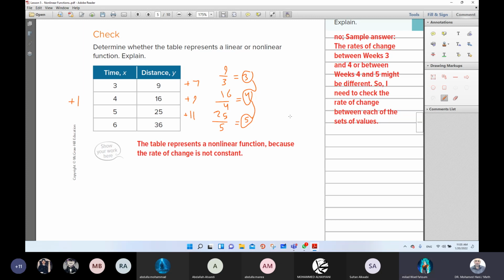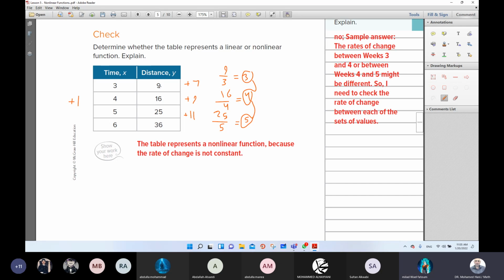Mr., if this table was 3, 9, and 4 equals 12, and 5 equals 15, and 6 equals 6 times 3, 18, it will be linear or not?